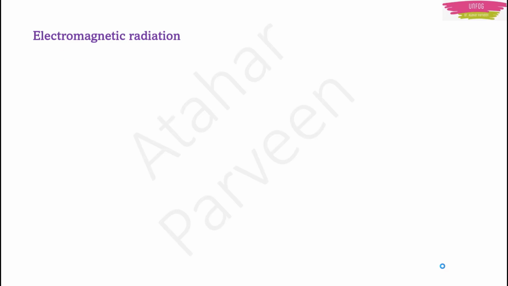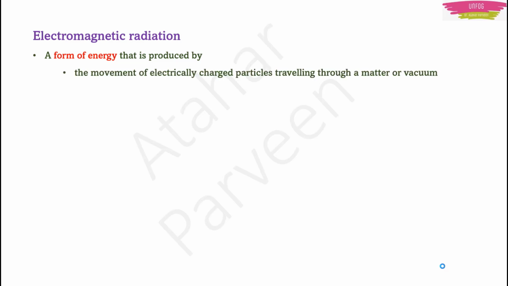So electromagnetic radiation, as I told you earlier, is a form of energy. And how is it produced? These radiations can be produced in two ways. One way is by the movement of electrically charged particles traveling through matter or vacuum. The second way is just by oscillation of magnetic and electric disturbances.